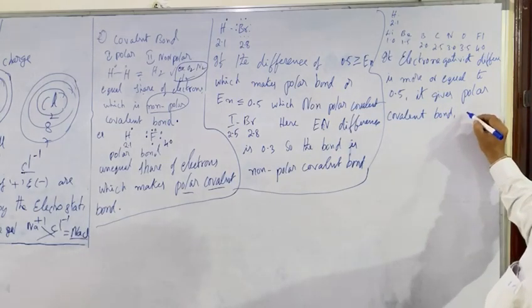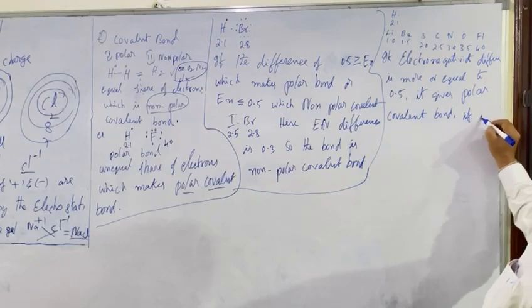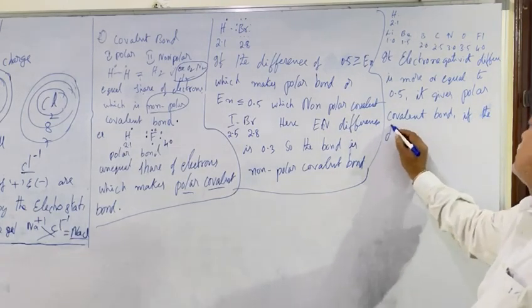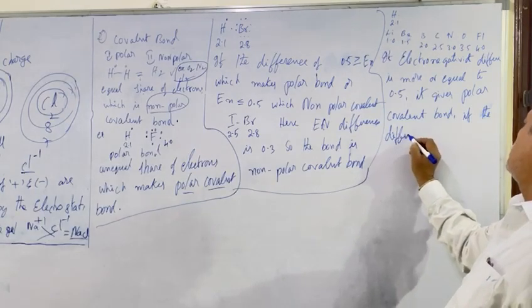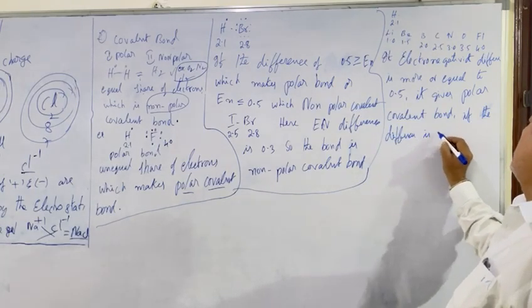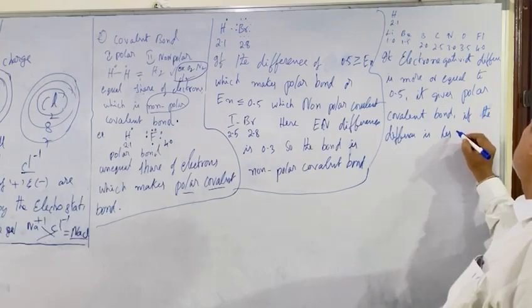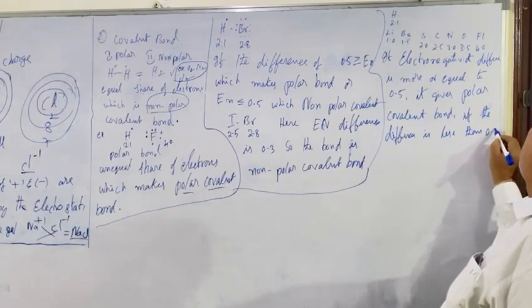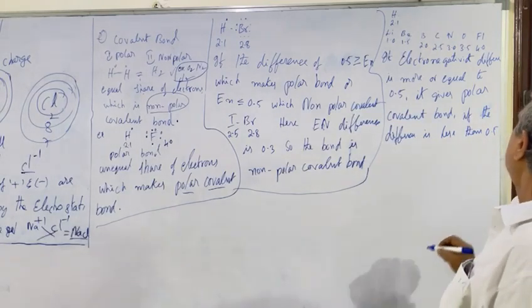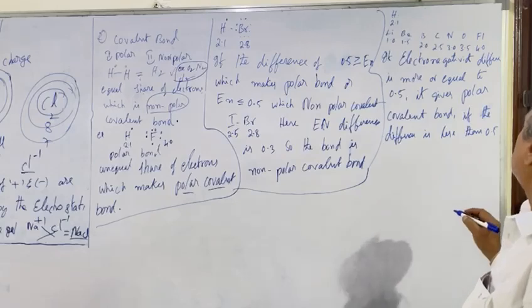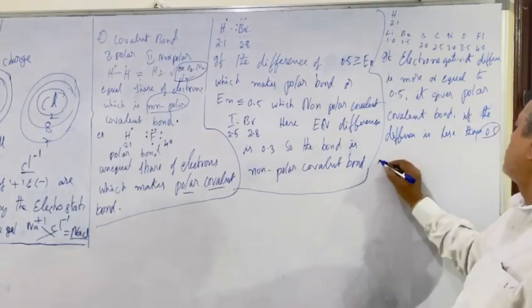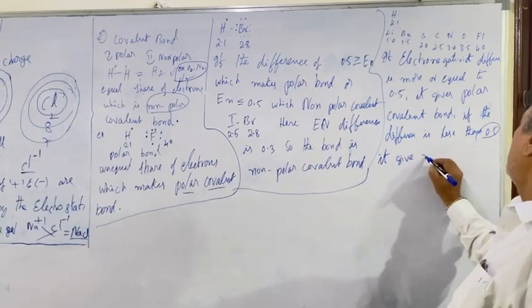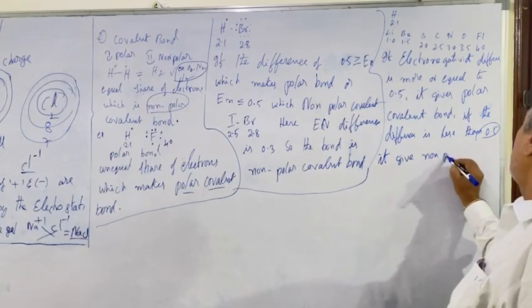If the difference is less than 0.5, it gives a non-polar covalent bond.